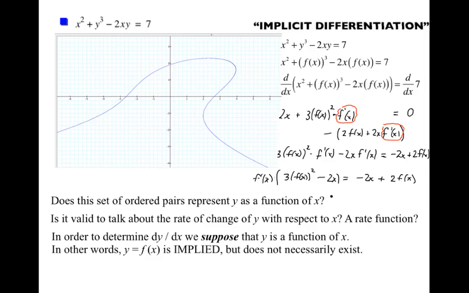So here we got it. All we have to do now is divide by this whole thing in parentheses to solve for f prime of x. So f prime of x is minus 2x plus 2 f of x all over 3 f of x squared minus 2x.